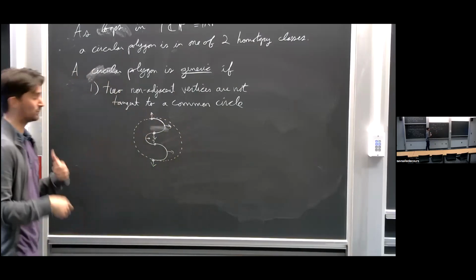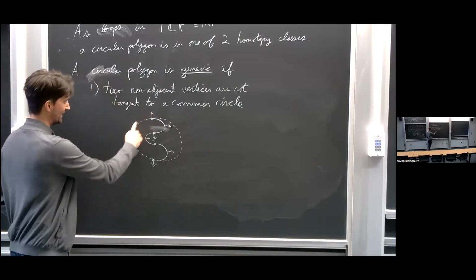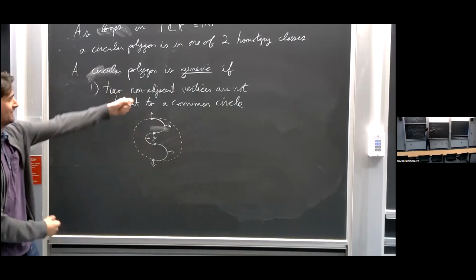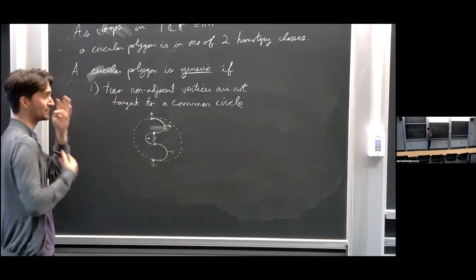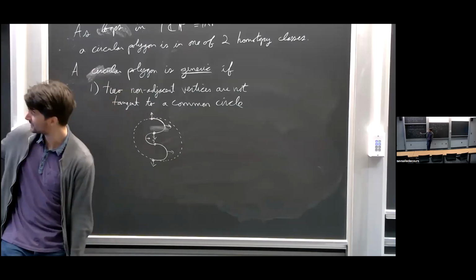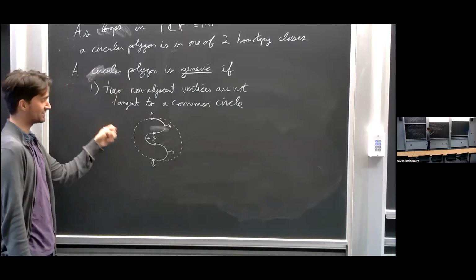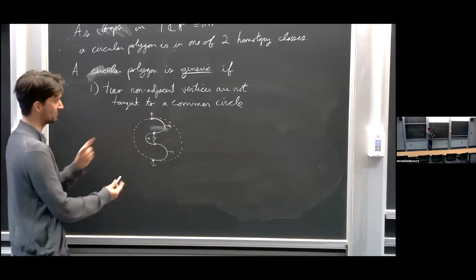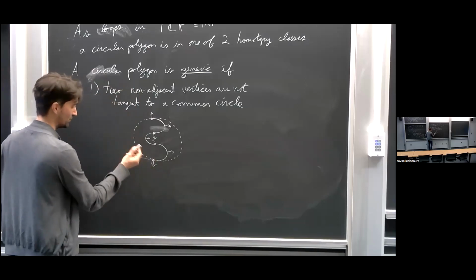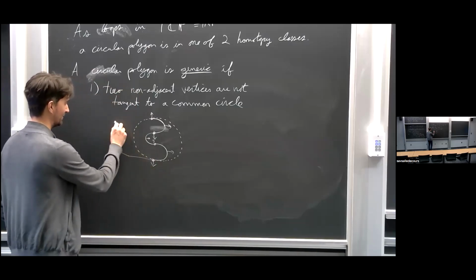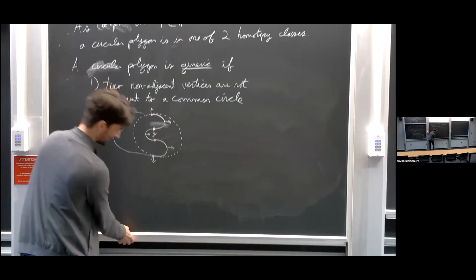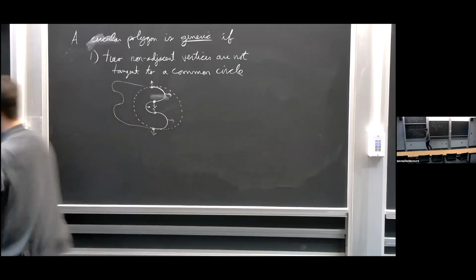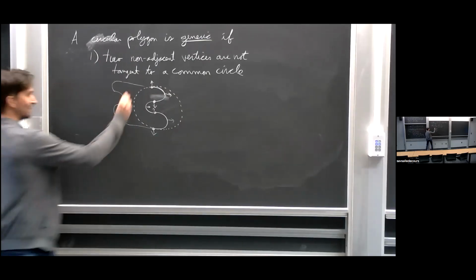It won't be a problem if I pick this edge as my next edge because I said non-adjacent. And for sure, adjacent vertices are always tangent to a common circle because that's in the definition. But non-adjacent, I don't want them to be part of a common circle. So if my curve continues over there and then does something, and then continues over there, this is not allowed.